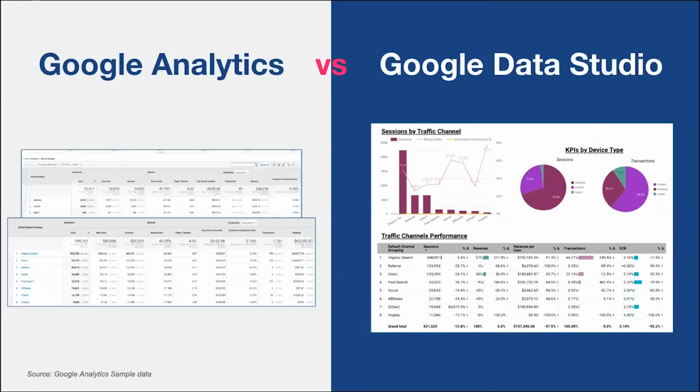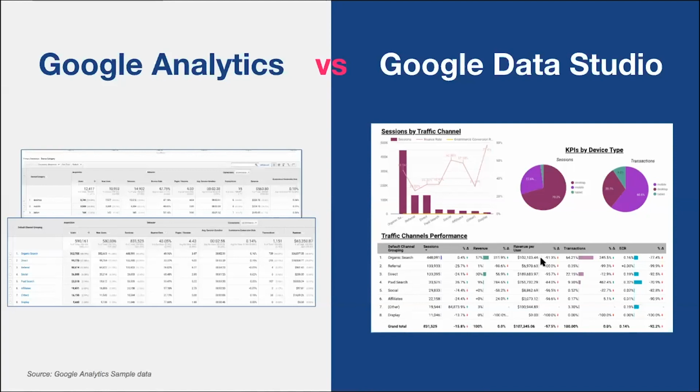And here you can see a visual example of how the usual data table looks in Google Analytics. It's a lot of data points, and the same data points are added here in a dashboard in Google Data Studio. So it's way easier to find, for example, the main device type by sessions, where most of the transactions are made, and how the same information can be found when it comes to traffic acquisition.